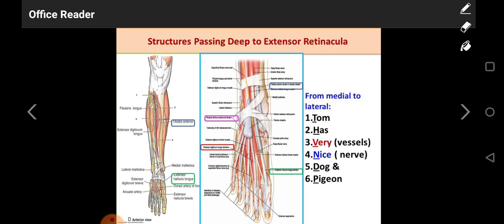Now the structures which pass deep to the extensor retinaculum from medial to lateral side include: Tom Has Very Nice Dog and Pigeon. This is the mnemonic for the structures which pass deep to the extensor retinaculum.